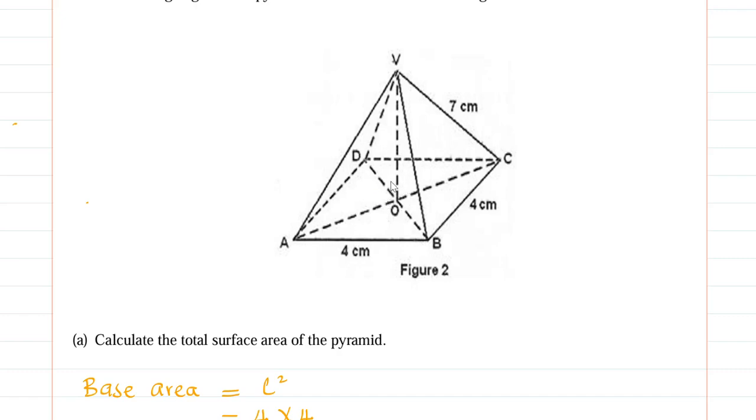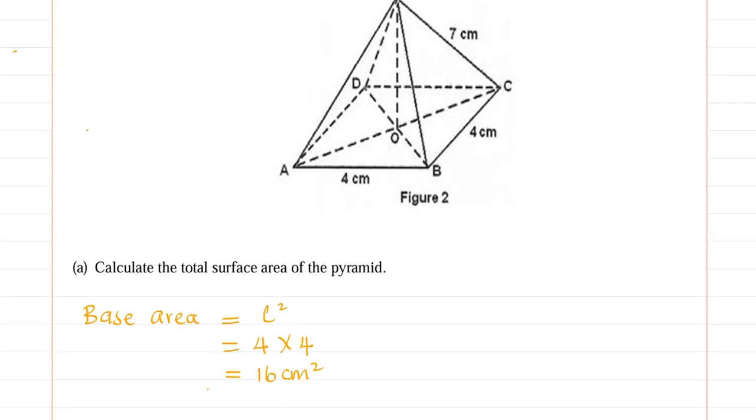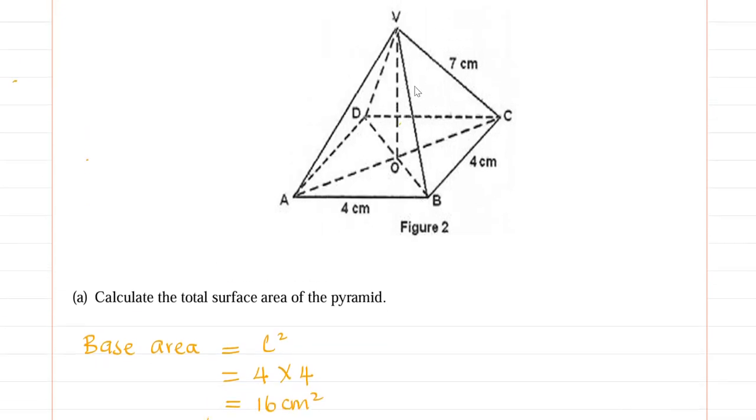So you can choose any slanting surface that you can easily visualize. What I'm going to choose is the surface V, B, C, and back to V. And to sketch that, I'm taking this surface here.